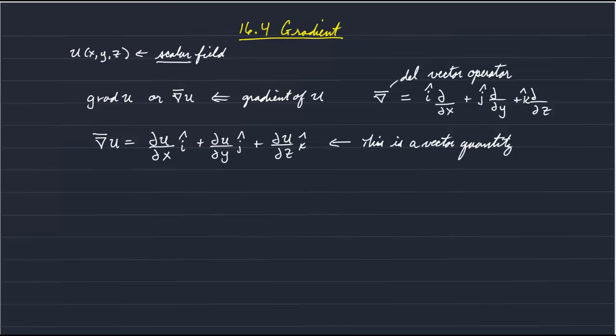So let's talk about, what does this mean? What is meant by grad u, by this vector quantity that I'm describing here? So let's sketch some contours of u.